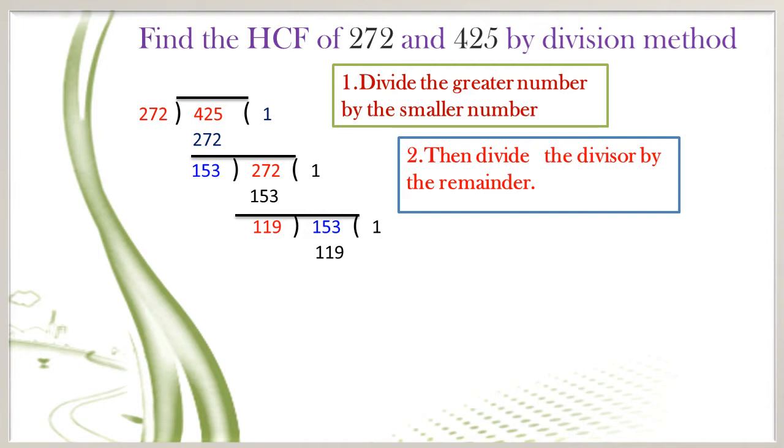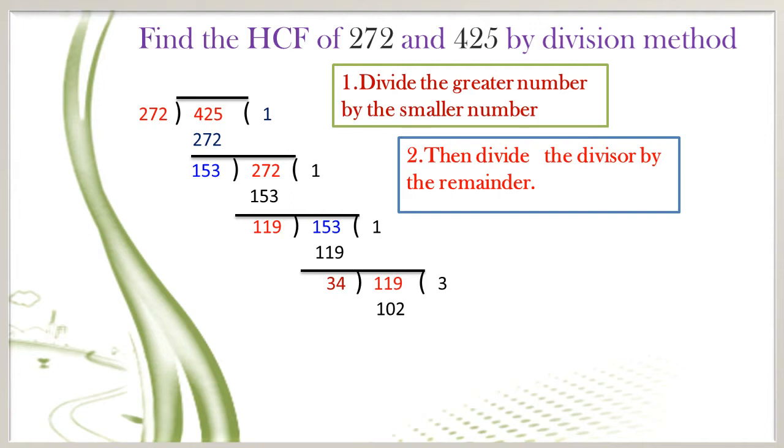How many times do we have 119 in 153? That is only one time. So you write 119. Now we subtract 153 minus 119. The remainder is 34. The remainder becomes divisor and the divisor becomes dividend.